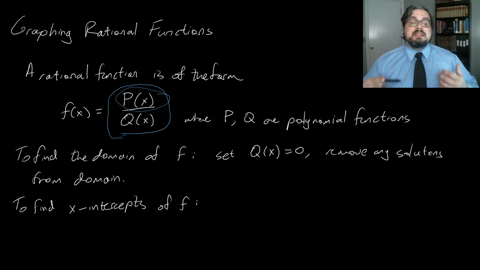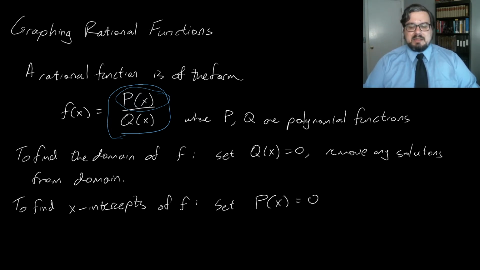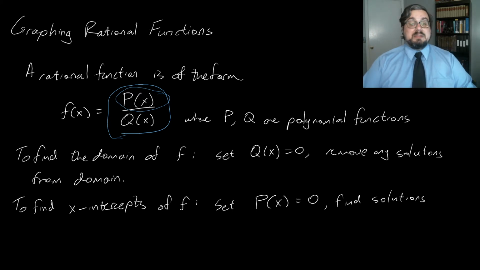So in other words, the function is going to have an output of 0 if and only if the numerator is 0 and the denominator isn't. We're only going to be looking at values here that are in the domain, of course. So to find the x-intercepts of f, we're going to set p of x equal to 0 and then find the solutions. And those are going to be the x-coordinates of the x-intercepts.